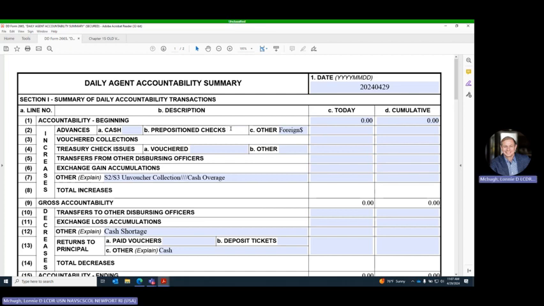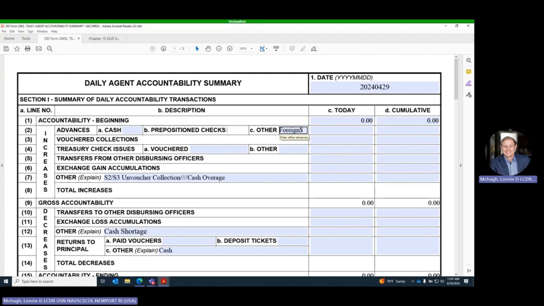The reason this is important is because the deputy has thresholds on how much cash they're allowed to hold. This allows them to resupply their cash in the event that the disbursing officer is absent, say at training or TAD.